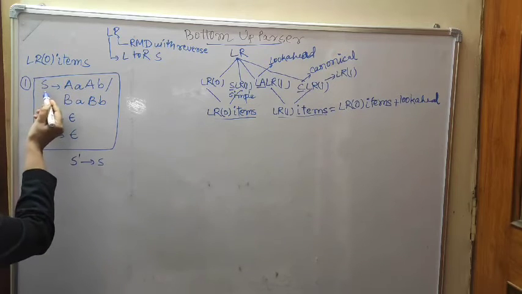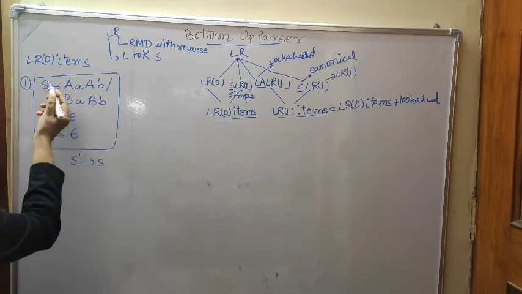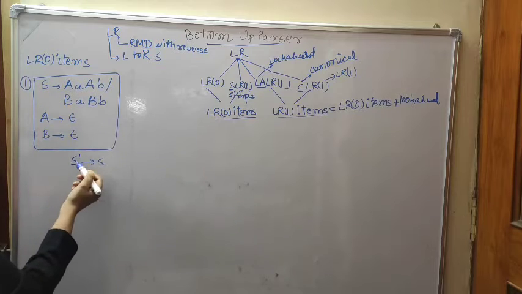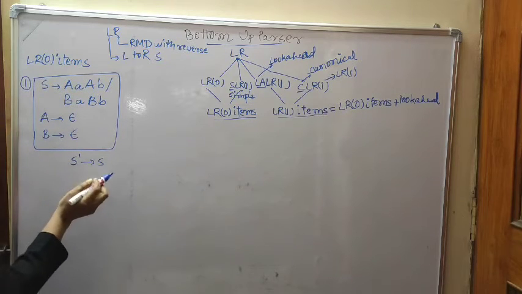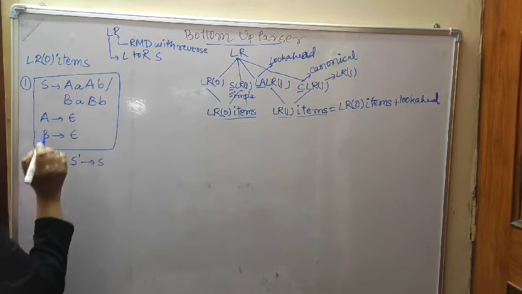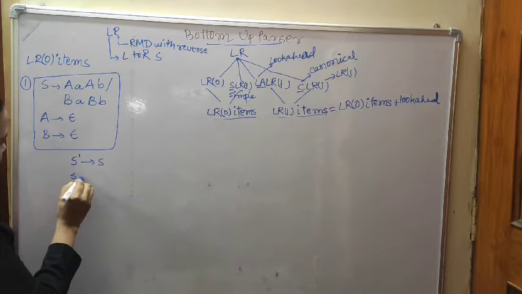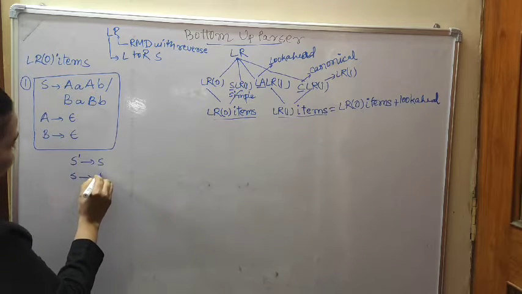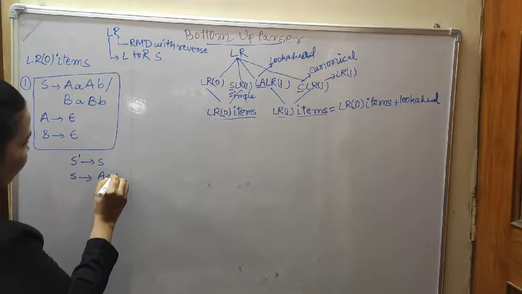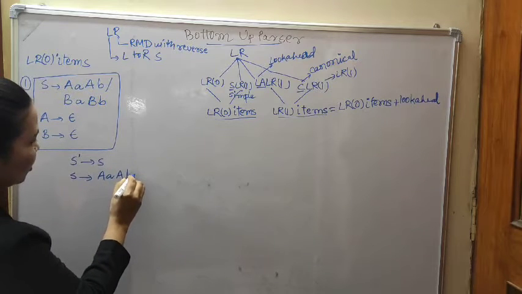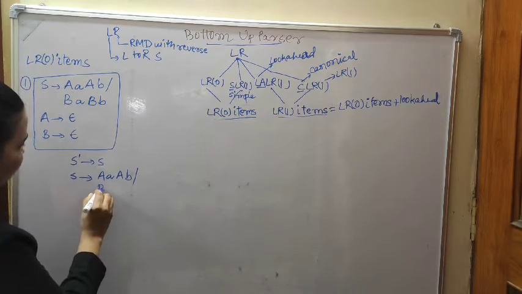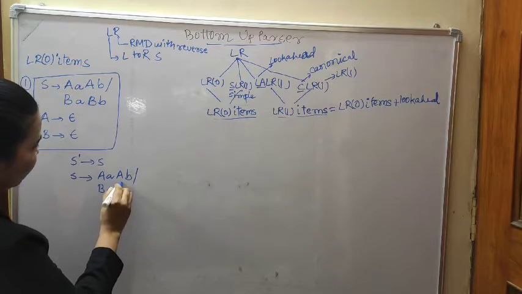Simply, for whatever non-terminal is given, give it a dash. And then from S we write S goes to AB or BB.